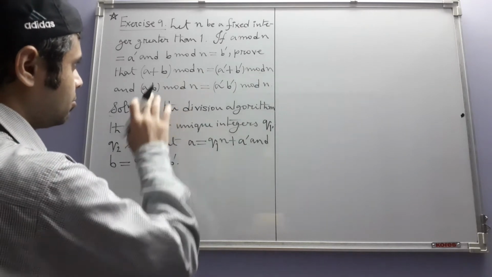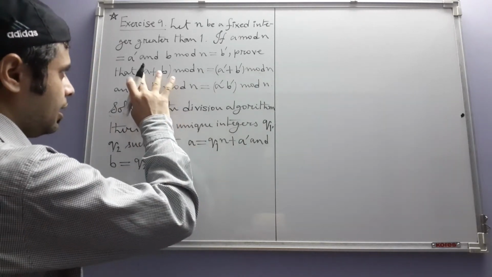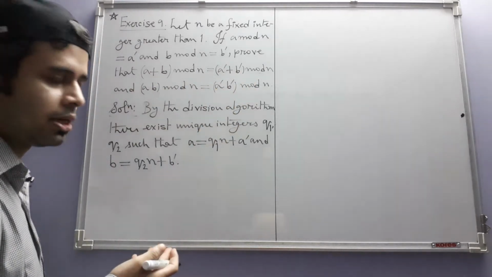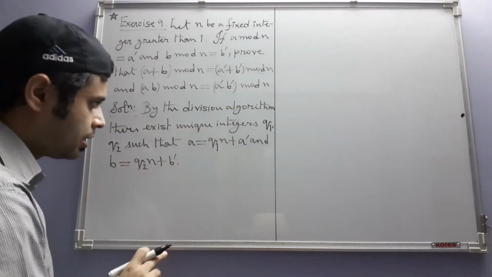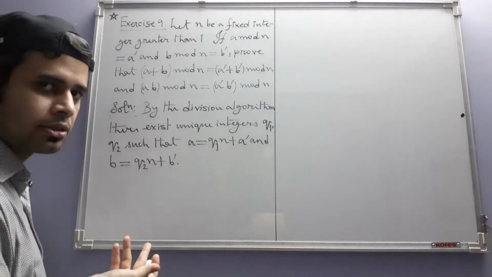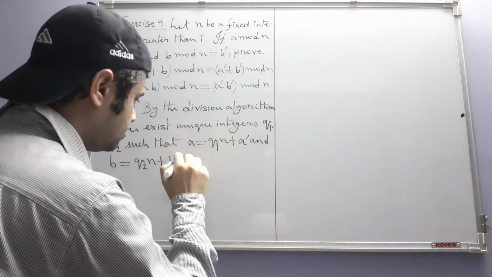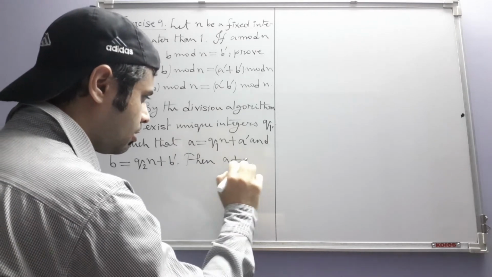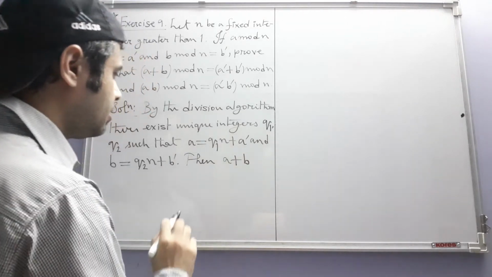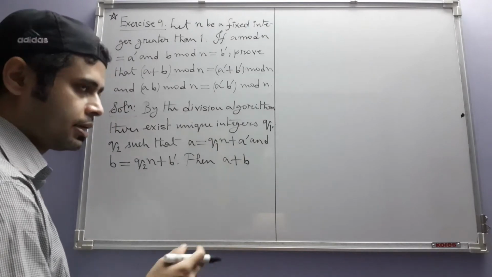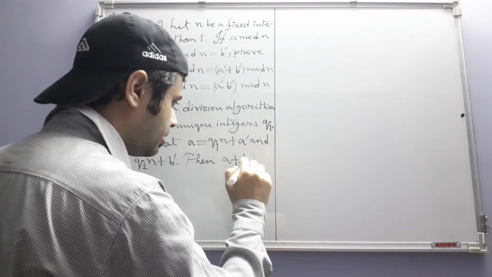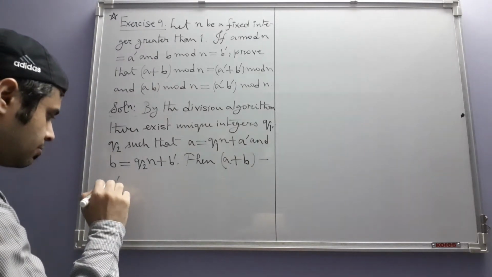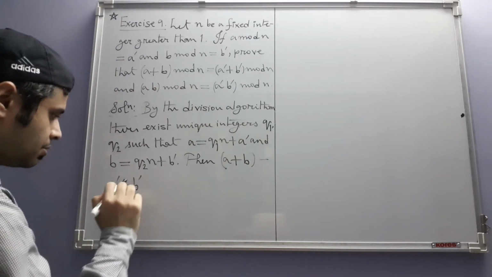Okay, so now what we want to show is that a plus b minus a prime plus b prime is divisible by n. So to calculate a plus b, we can use these expressions. Instead of calculating just a plus b, let us directly calculate this itself. A plus b minus a prime plus b prime.